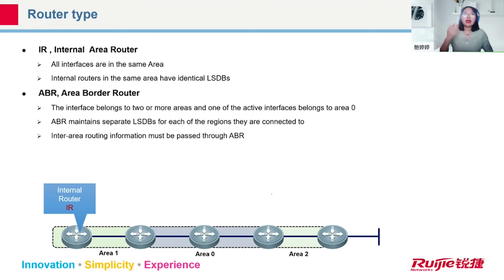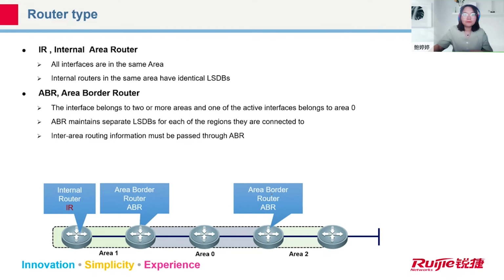Okay, and the ABR is very important. That means this router belongs to at least 2 areas, and at least one interface should be in area 0. The ABR will maintain the LSDB of each area it is connected to. Like this ABR, we have at least 2 LSDBs, one for area 1 and another for area 0.